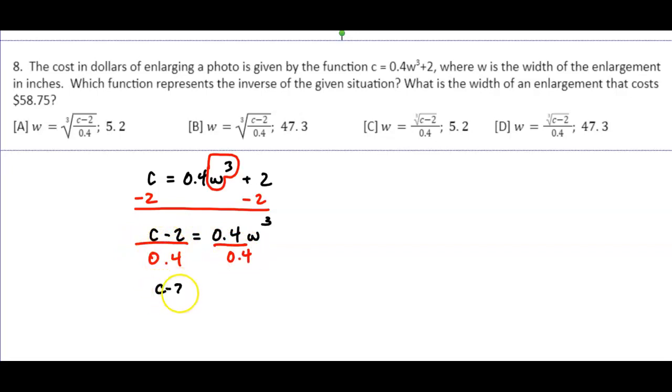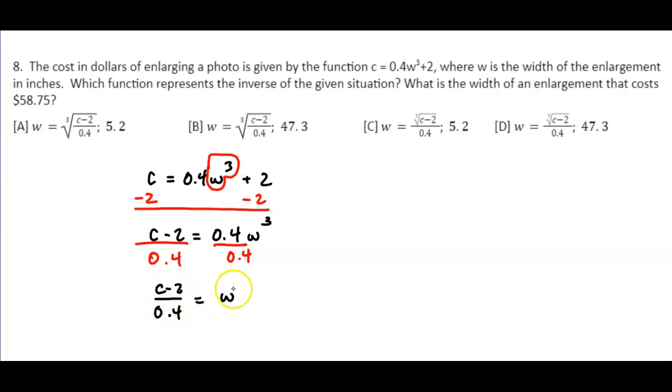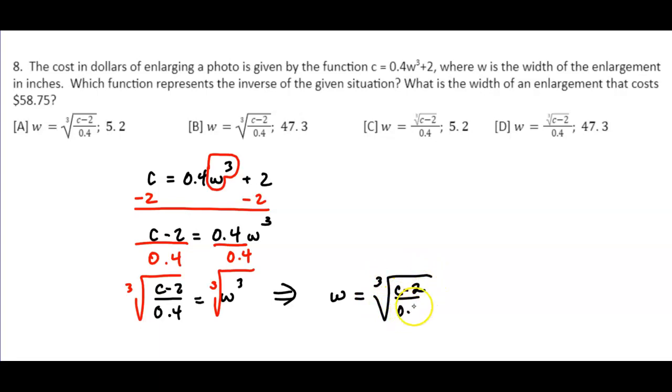Now I've got C minus 2 over 0.4 equals W cubed. Now I've got the W cubed by itself, but I need to undo that cube. So I'm going to take the cube root of both sides. That finally leaves me with an equation solved for W, and that equation is that W equals the cube root of C minus 2 over 0.4.